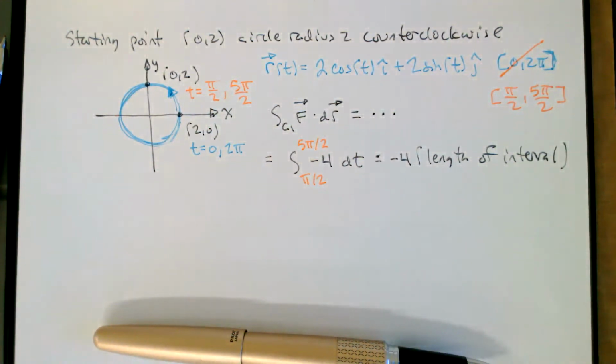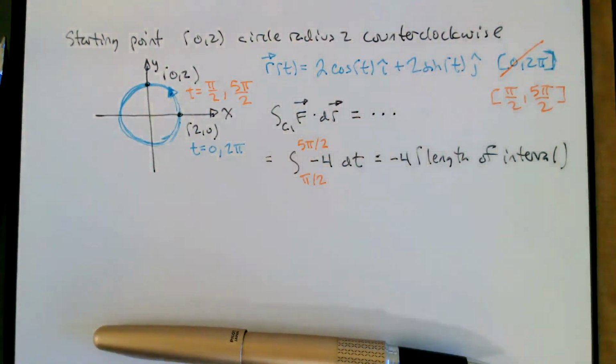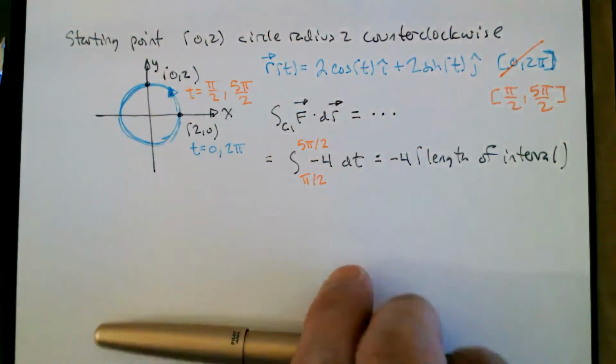Just like when we do a double integral of 1, we get the area of the region. If we do a triple integral of the function 1, we get the volume of the solid. So if I just multiply this by -4, I'll just get -4 times the length of the interval, which is still 2 pi.